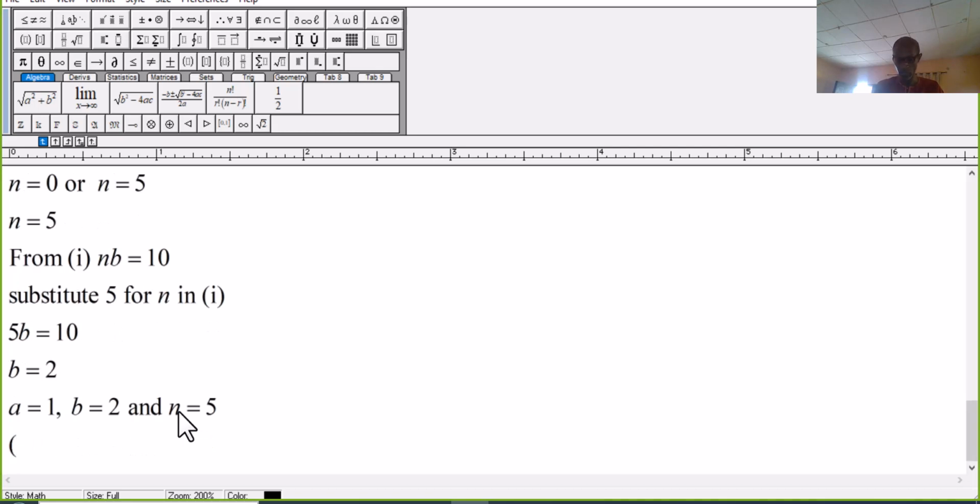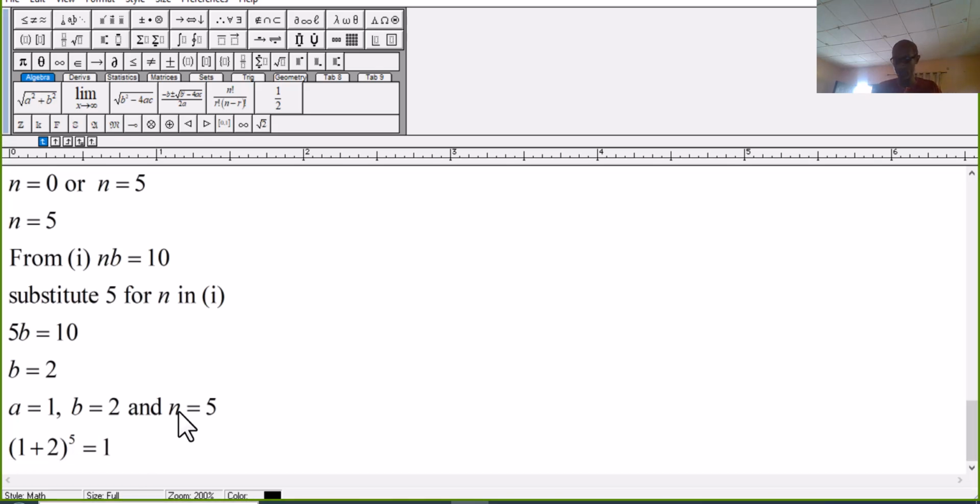So the binomial that they expanded is 1 plus 2 raised to the power of 5. That is the binomial that we are looking for. You can try it.